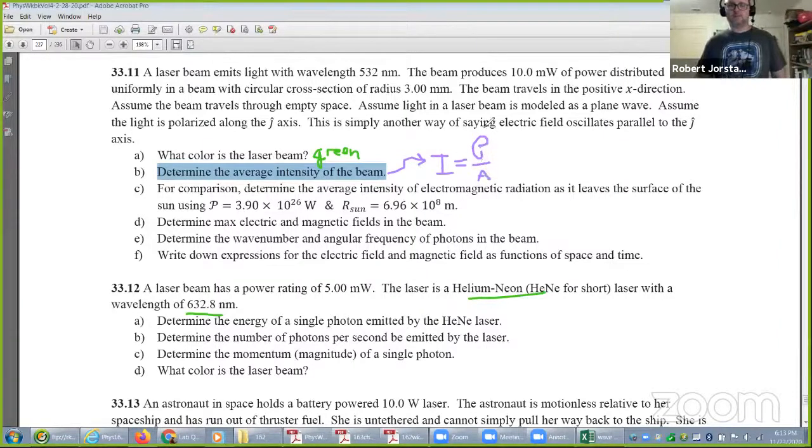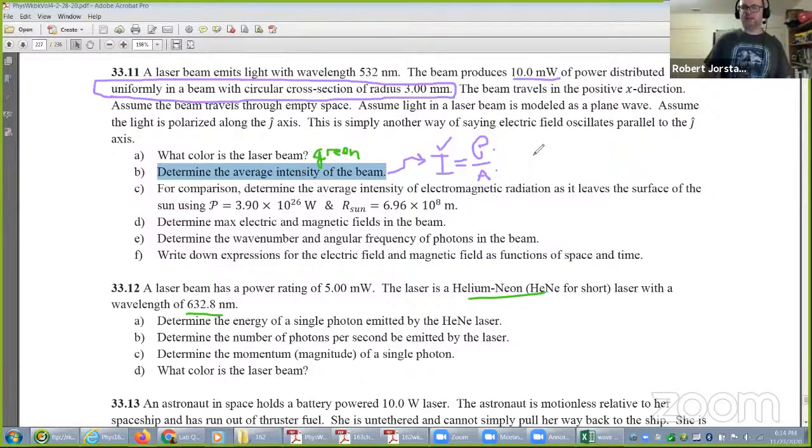It says the power is distributed uniformly over this cross section. That's not exactly true. It's usually a Gaussian wave profile, but this is beginning physics. Let's just keep it easy. We know the area. We know the power. Now take a look. Is this going to be intense or not?